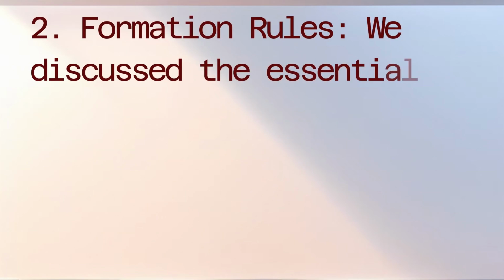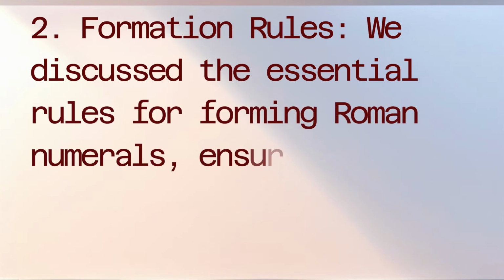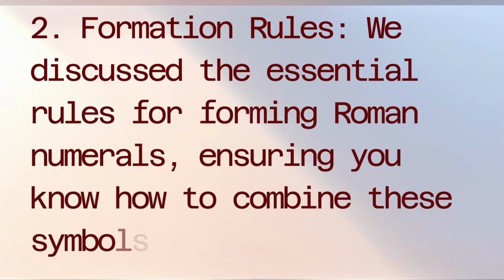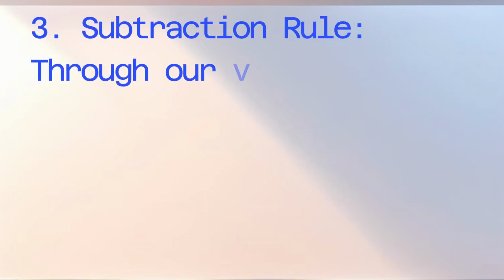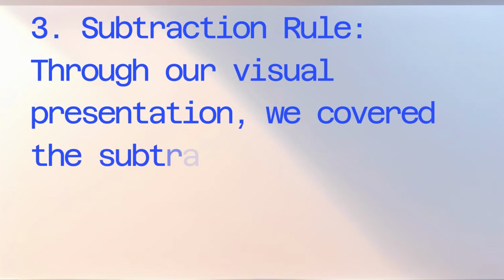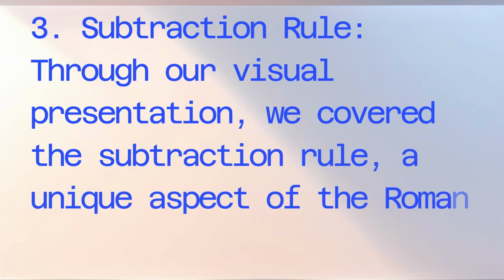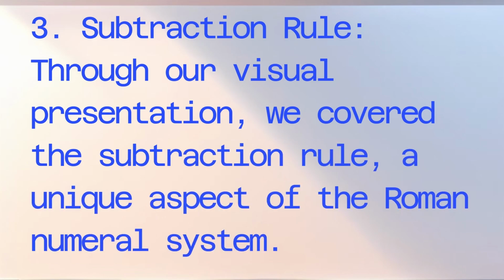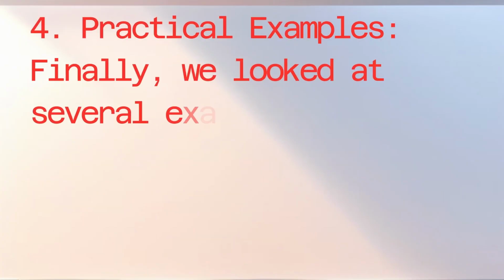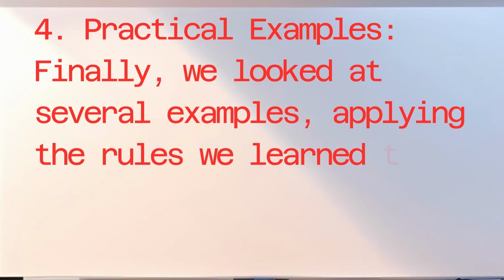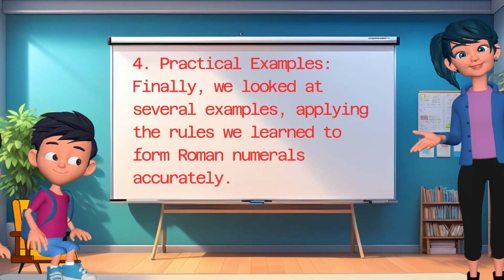We discussed the essential rules for forming Roman numerals, ensuring you know how to combine these symbols correctly. 3. Subtraction rule. Through our visual presentation, we covered the subtraction rule, a unique aspect of the Roman numeral system. 4. Practical examples. Finally, we looked at several examples, applying the rules we learned to form Roman numerals accurately.